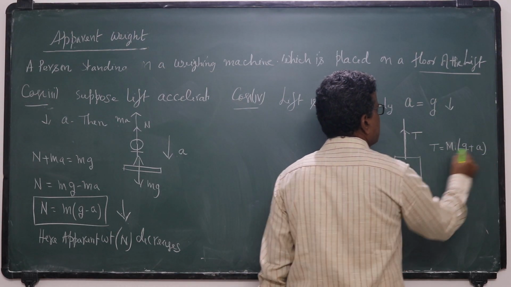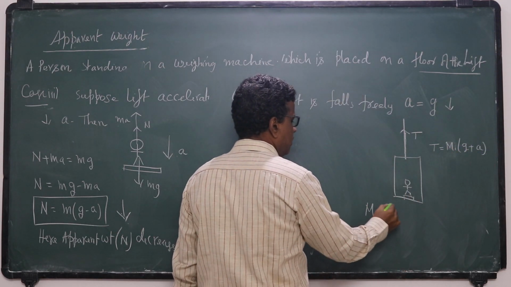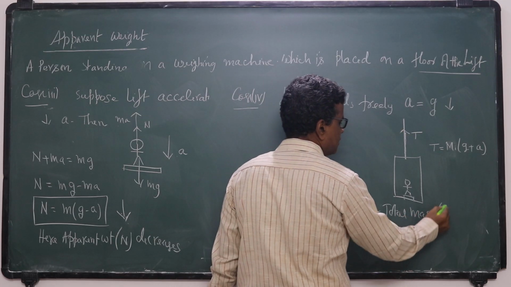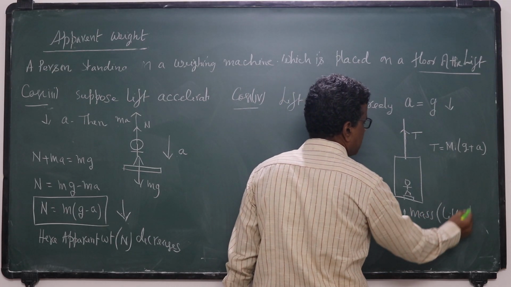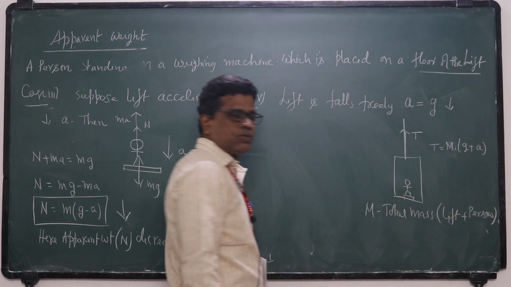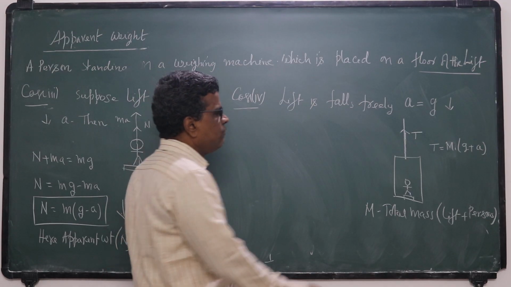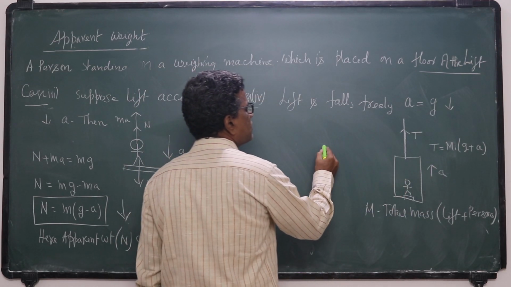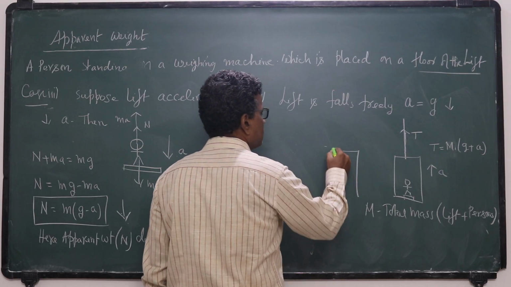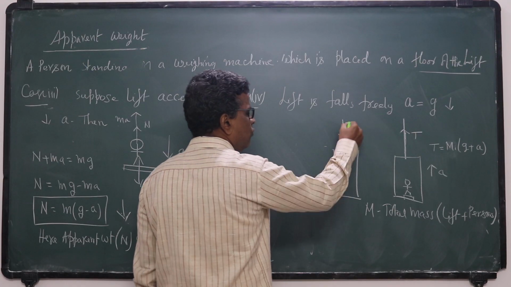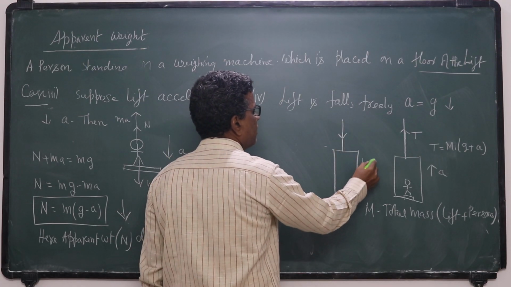What is m here? Total mass, that is lift plus persons. So that is the tension in the string when the lift is accelerating up. When the lift is, see, this is the lift, moving down with an acceleration a.